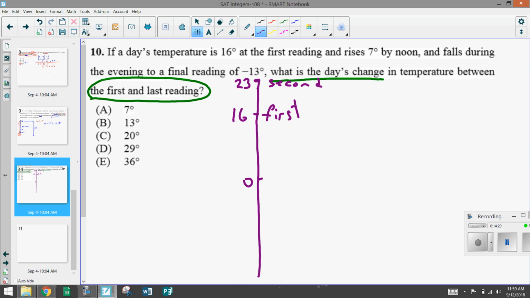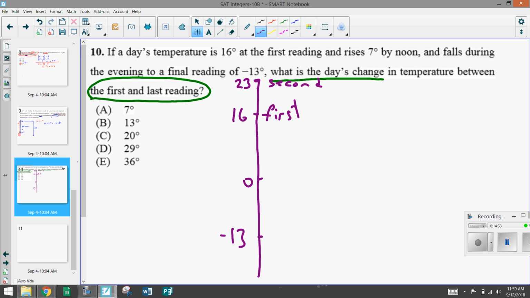And it falls during the evening to the third and final reading of -13 degrees. Is that going to be -13 degrees? Final degree, right? Should I write here -13? Yeah.